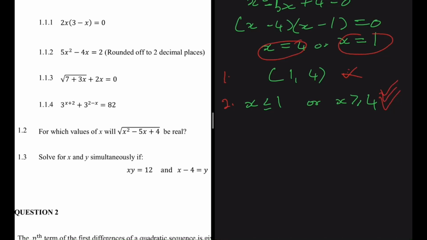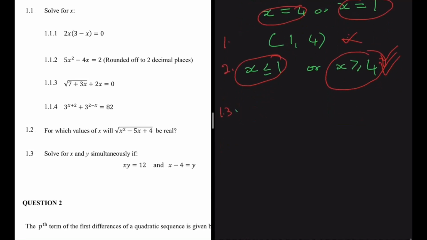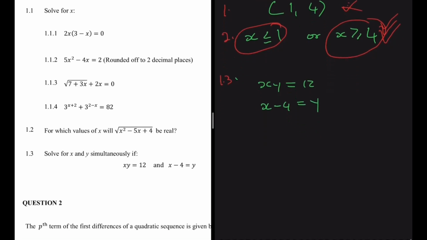Try out a number that satisfies these conditions, and tell me if that equation is not satisfied. Last but not least, let's solve simultaneously for x and y. So we have xy being equal to 12, and then x minus 4 is equal to y, right?